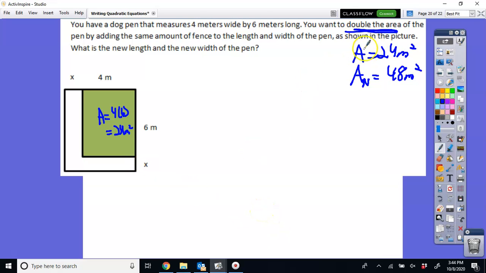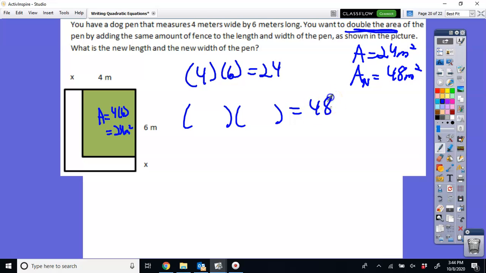Well, think about what area is. Like I said, area is length times width. So that was 4 times 6 equals the 24, right? Well, look at the bigger area now, the 48. It's not just 4 times 6. It's 4 plus something. I don't know what that answer is yet.